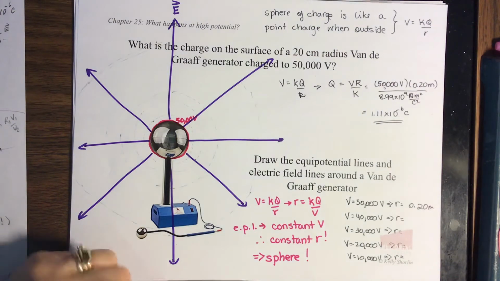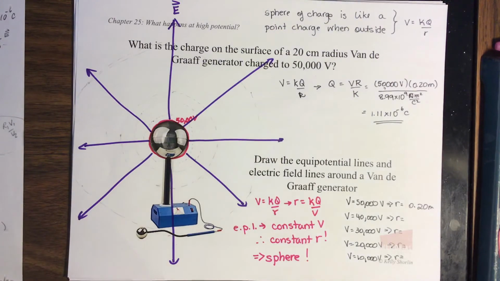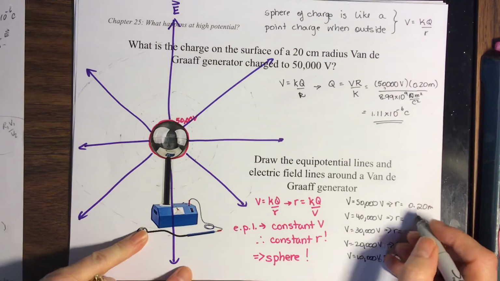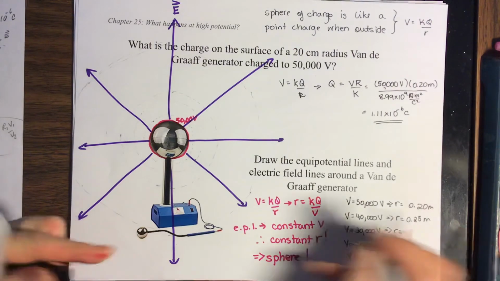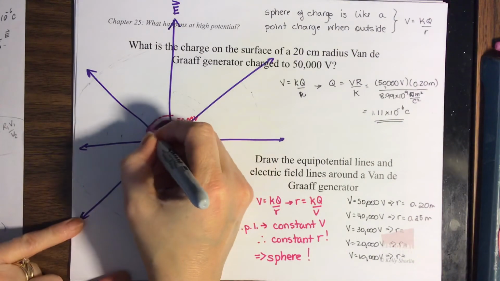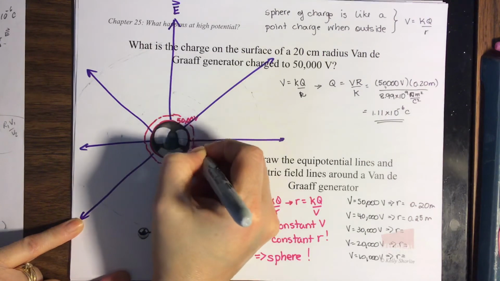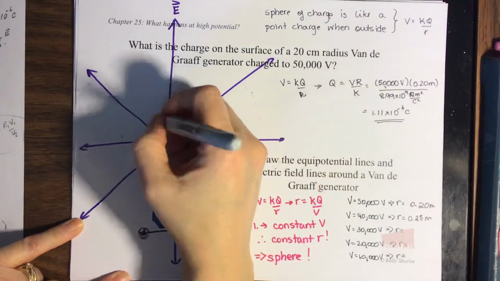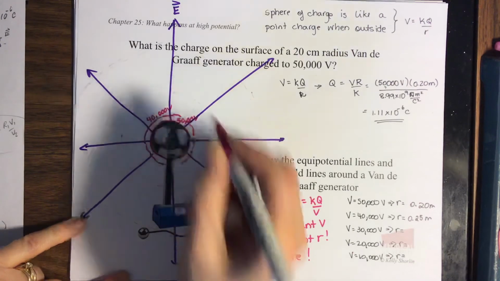Okay, my next equipotential line will be at 40,000 volts. So I'll do KQ over 40,000 volts, and I get a distance of 25 centimeters. So that one's going to be out a little further. It's hard to draw my circle perfectly, but I'll give it a shot. So this one is 40,000 volts.